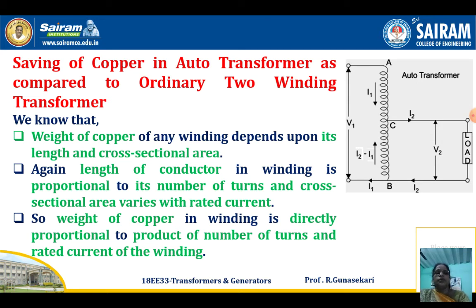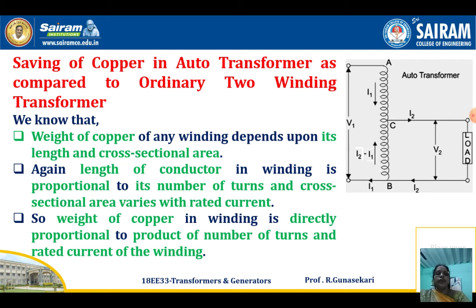I am taking the step down transformer as the example. Now, how to derive the equation for saving of copper in an auto transformer compared to an ordinary two winding transformer. We already know that the weight of copper of any winding depends upon its length and cross sectional area. The length of the conductor in the winding is proportional to its number of turns, and the cross sectional area varies with rated current only.